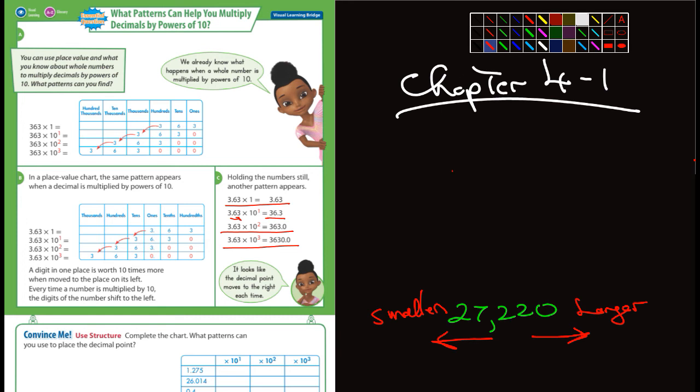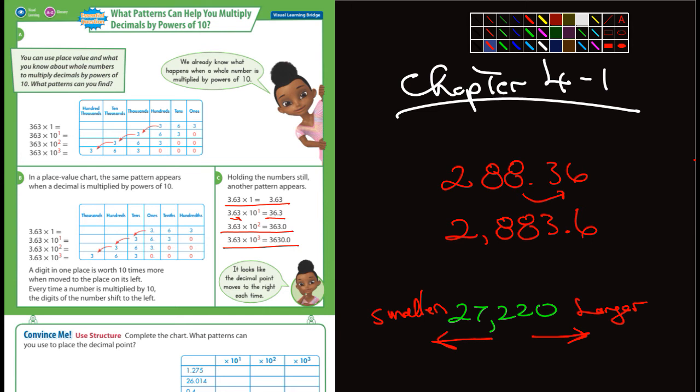How about 288.36? If I move the decimal one place to the right, which makes it 10 times larger, it's now 2,883.6.